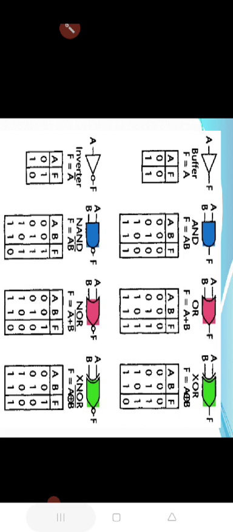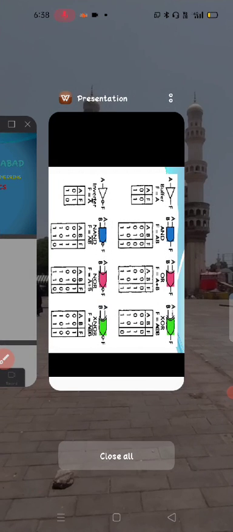And next, XOR gate. For XOR gate, same inputs we are getting low output, 0 0 low, 1 1 low.